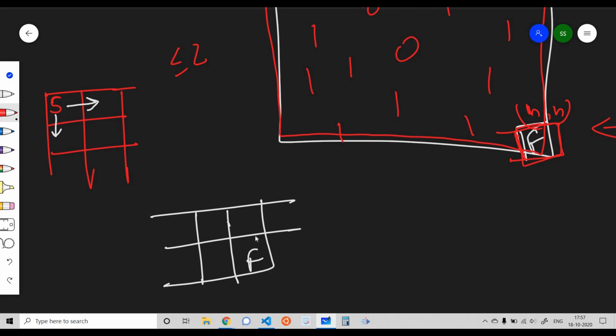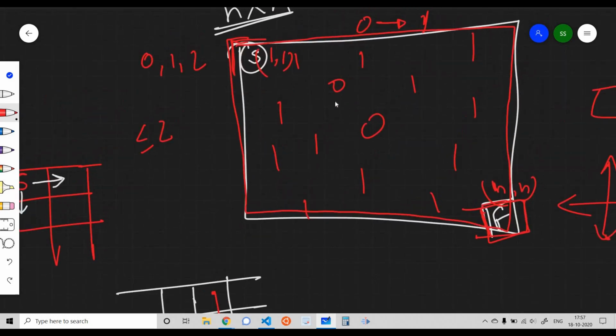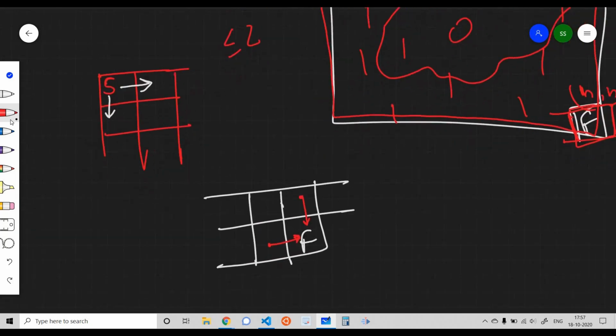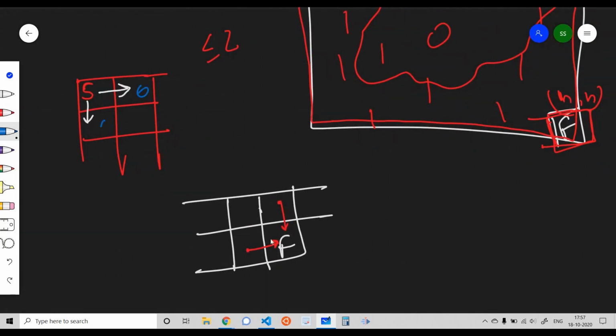He can only reach that cell if he is currently at this cell or at this cell. So rather than focusing on other cells in our grid, we just need to focus on these 4 cells.